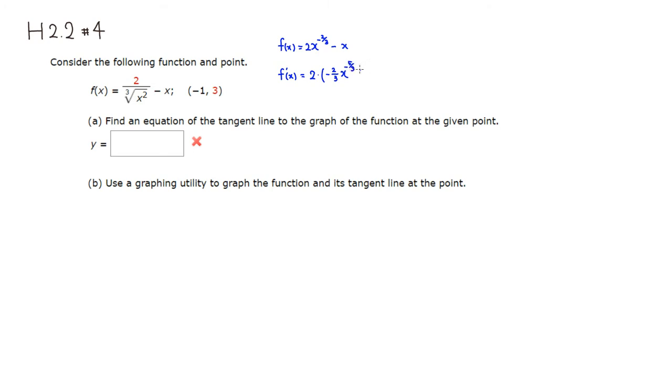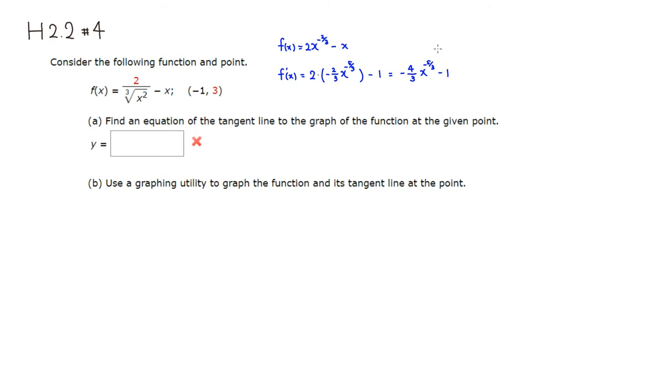And then minus the derivative of x, which is 1. If you clean this up, negative 2 times 2 is 4 over 3, then x to the negative 5/3, and a minus 1.